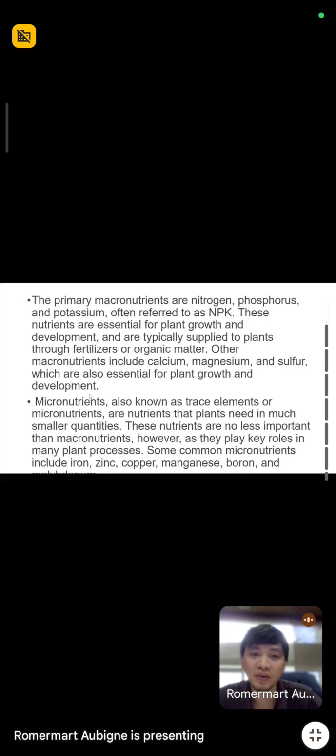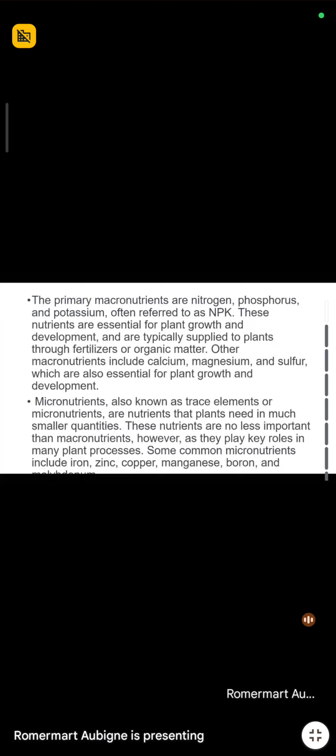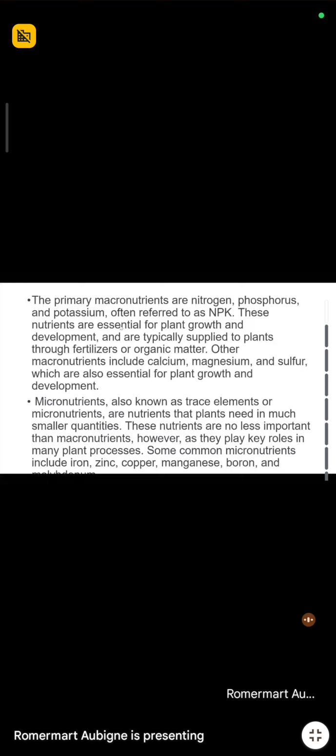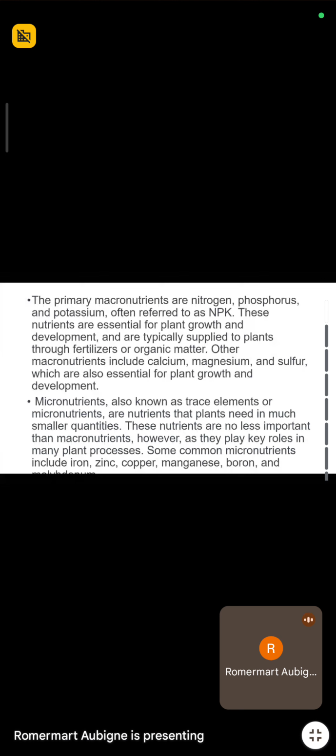So, ayun po, no? Yun sa question kanina, parang di nakuha nung iba, except yung nakalagay doon. So, the macronutrients are nitrogen, phosphorus, and potassium, often referred to as NPK. These nutrients are essential for plant growth and development and are typically supplied to plants through fertilizer or organic matter.